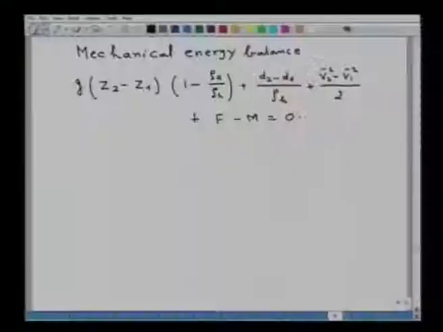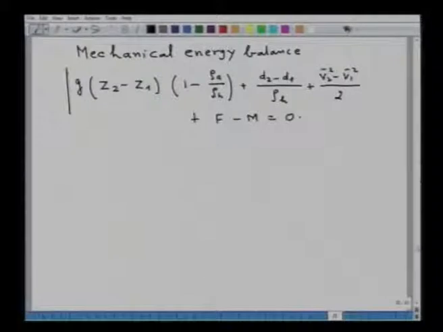You just write down P1 and P2 in terms of draft and replace P1 minus P2 in the original mechanical energy balance, and you will get this expression for mechanical energy balance for a gas flow system in terms of draft.